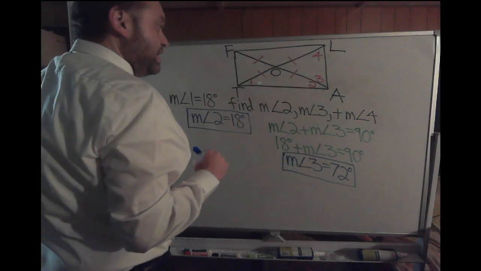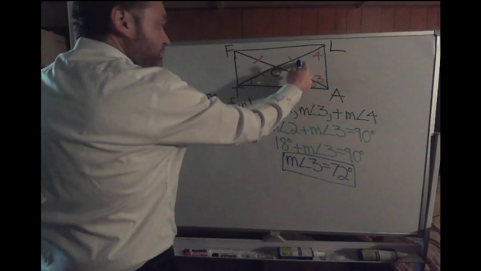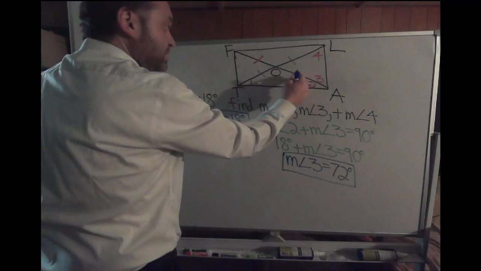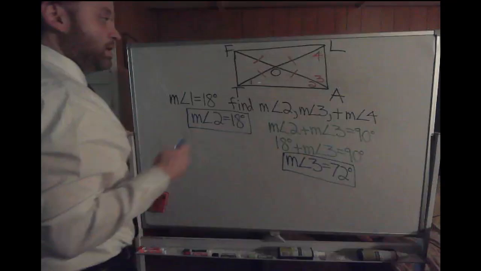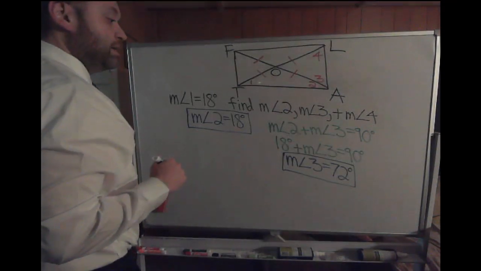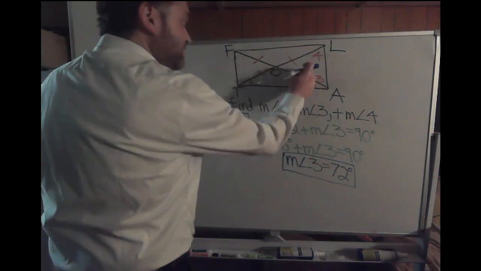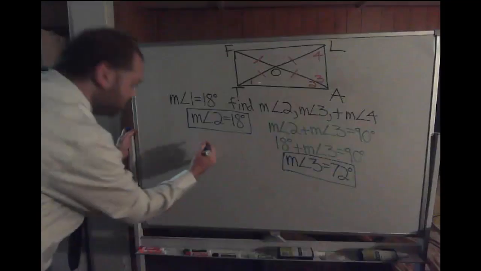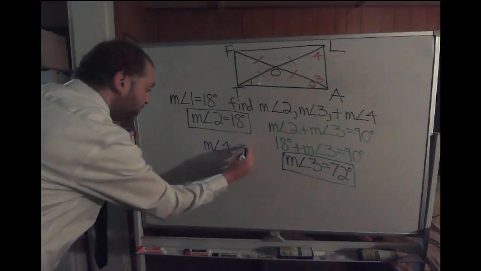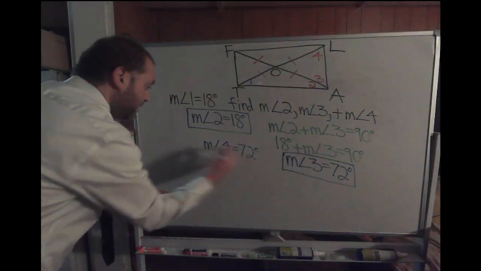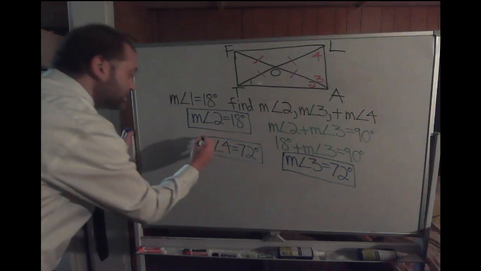So that means the side opposite 3 is congruent to the side opposite angle 4. So if 3 is 72, that means 4 is also 72. So the measure of angle 4 would equal 72 degrees.